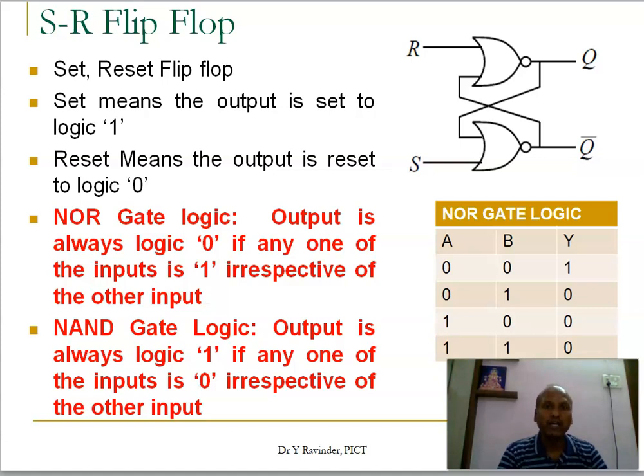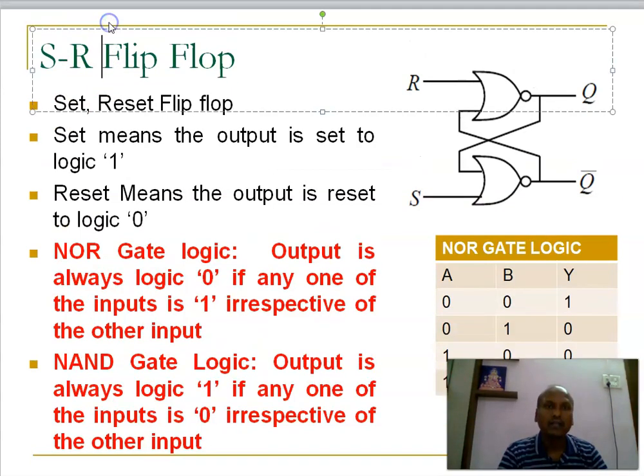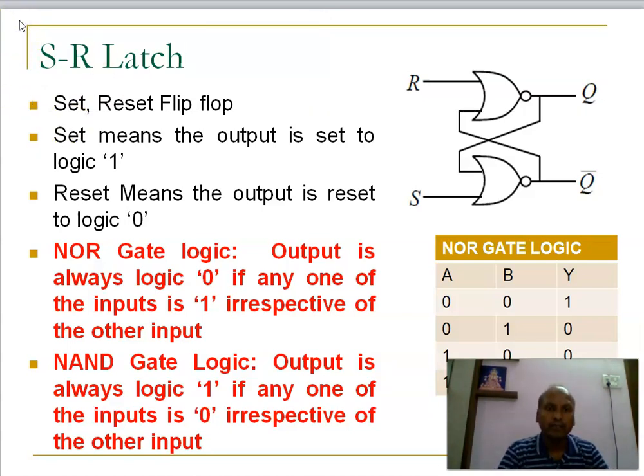We will try to understand the difference between a latch and a flip-flop by understanding the SR flip-flop. We can call this SR a latch, because this SR flip-flop is a latch and it is only a latch.